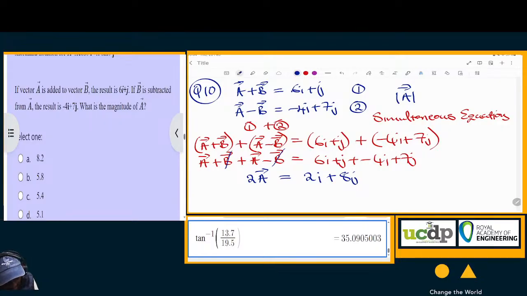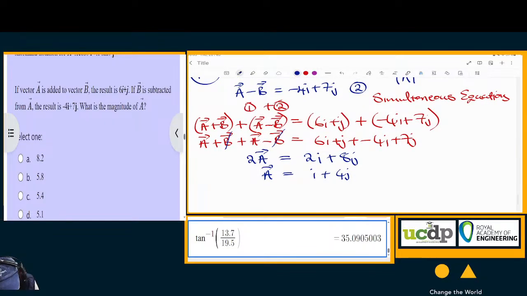So if you simplify, vector A will then be equal to i plus 4 in the j direction. So that's vector A. But the question is asking us to find the magnitude. You should be able to find the magnitude of vector A, which is equal to the square root of 1 squared plus 4 squared.